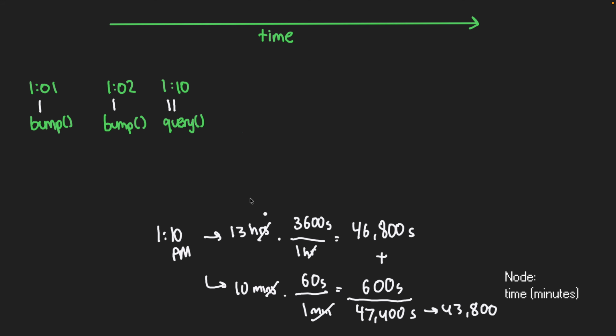We can simply run a for loop and on each node, check if the node's time, in seconds, mind you, is equal or greater to our threshold, our cutoff of 43,800 seconds. If so, we can increment some sort of integer variable or something, ultimately to get 2.